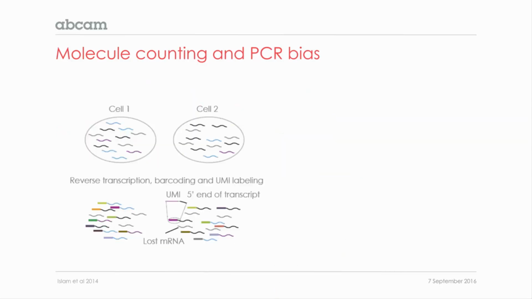Again, to illustrate this, we can think about this example. Again, it's 2 cells. They express similar genes, but with different abundance. So if we focus, for example, on the blue molecules in cell 1, we have 4 molecules, while in cell 2 we have only 2 blue molecules.